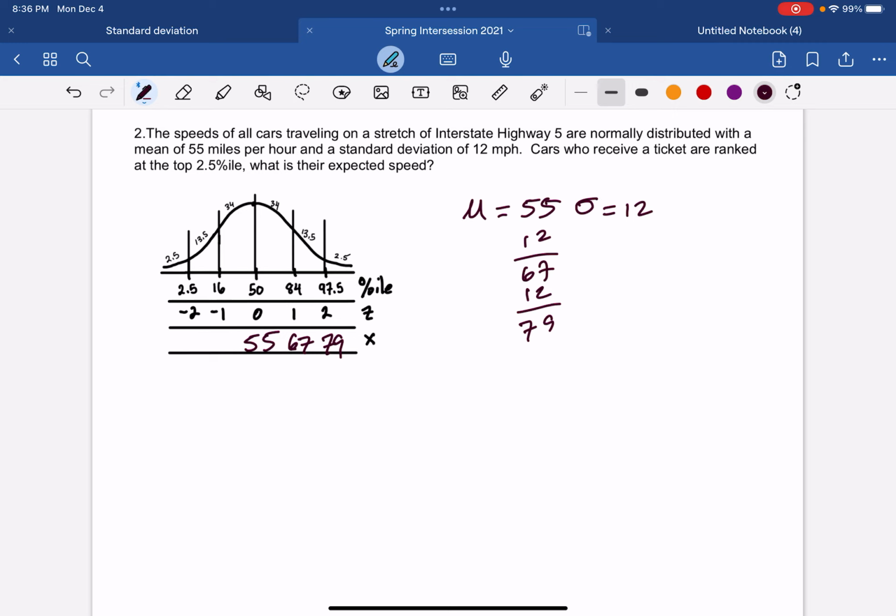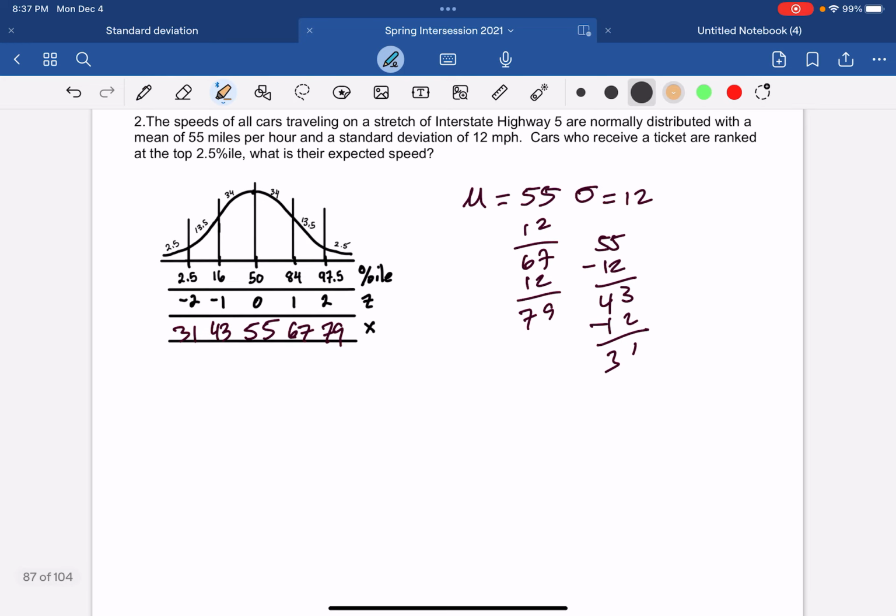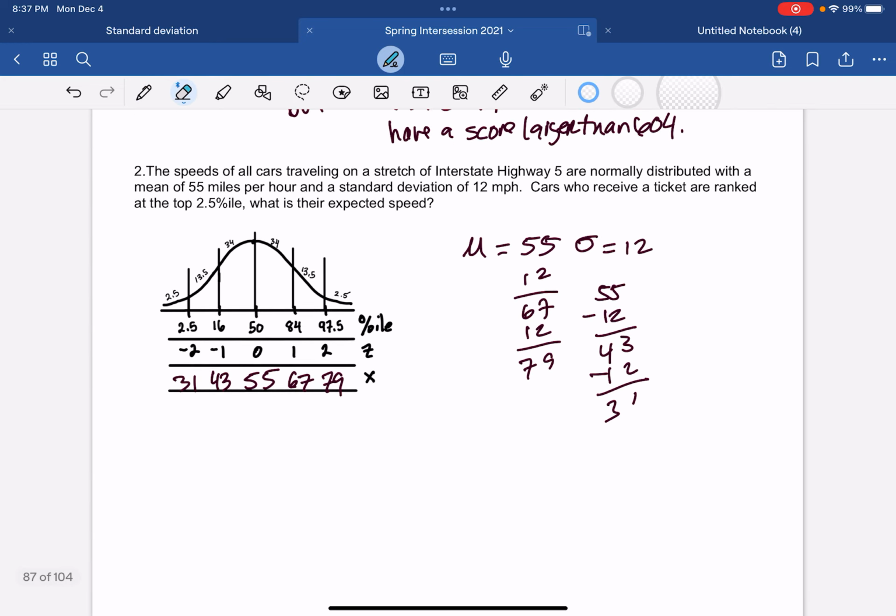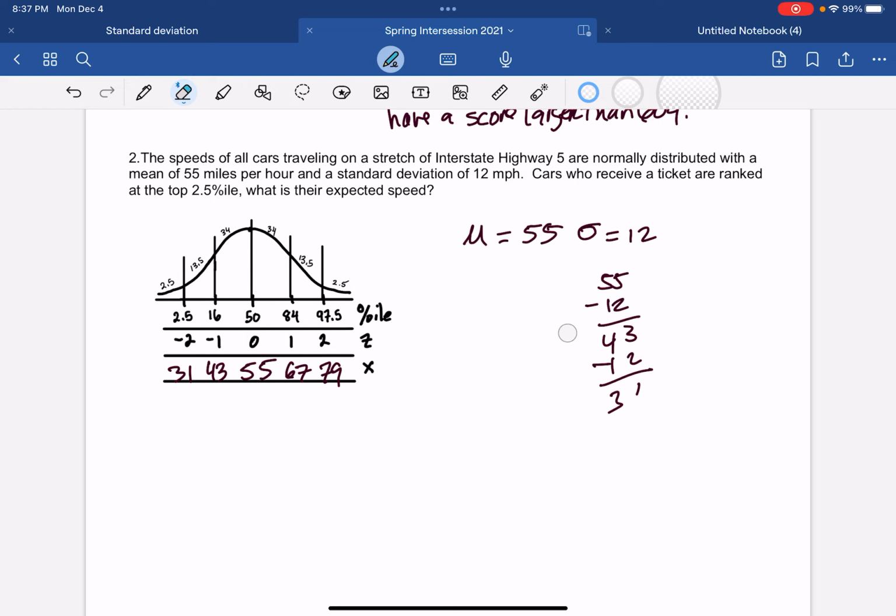Then 55 minus 12 gives you 43, and subtract 12 again, 31. Okay, pretty sure that's right. So that gives me an opportunity to estimate the problem.